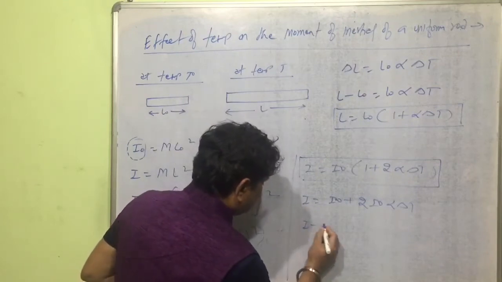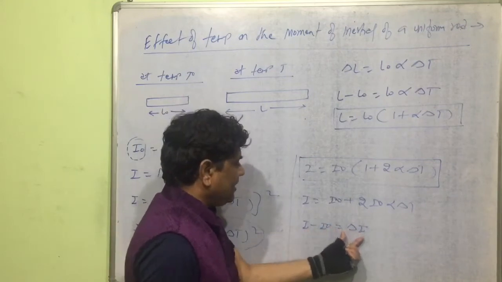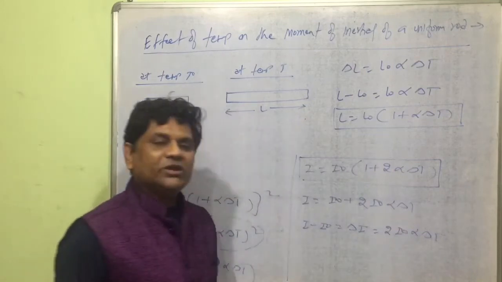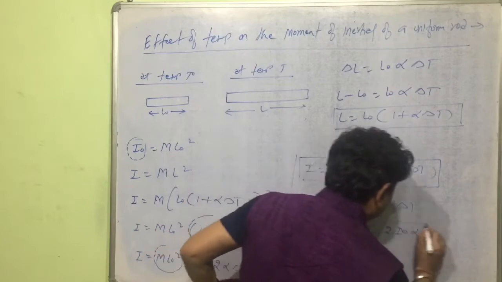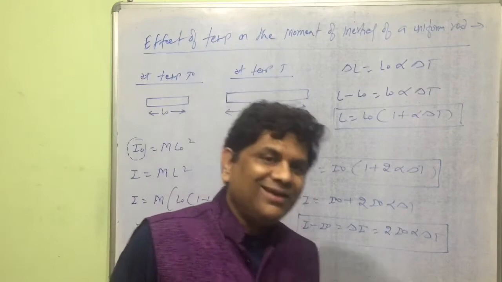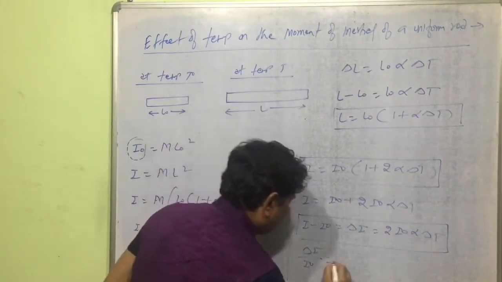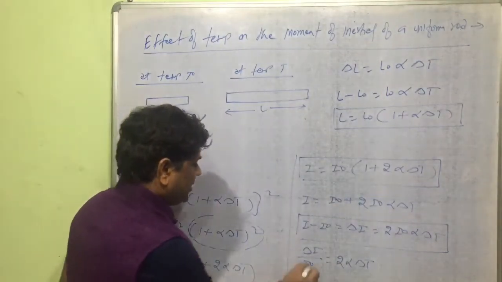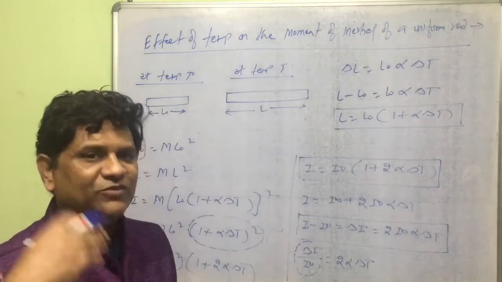Or this I minus I naught will become equal to delta I, and this is equal to 2 I naught alpha delta T. So the change in moment of inertia is equal to 2 I naught alpha delta T. Now this delta I divided by I naught will become equal to 2 times alpha delta T. This delta I by I naught is known as fractional change in moment of inertia.